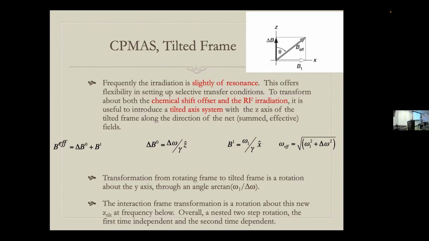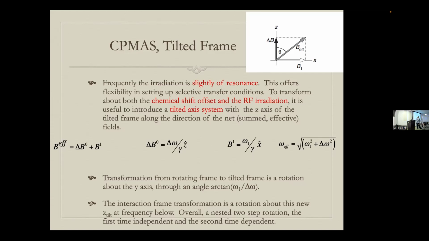You can't have two fields on and then say, oh, but I have a funny spin, it's only listening to this. No, if you have two fields, it's going to go around the sum of both of them. And that matching condition that we talked about yesterday, where we have to match I and S, both of those should be the effective field, not omega-1. So for that reason alone, we have to talk about offset.